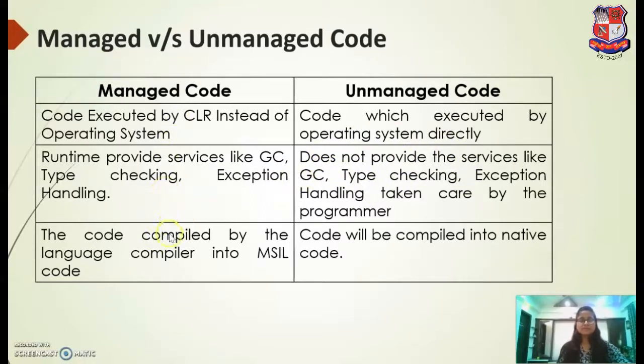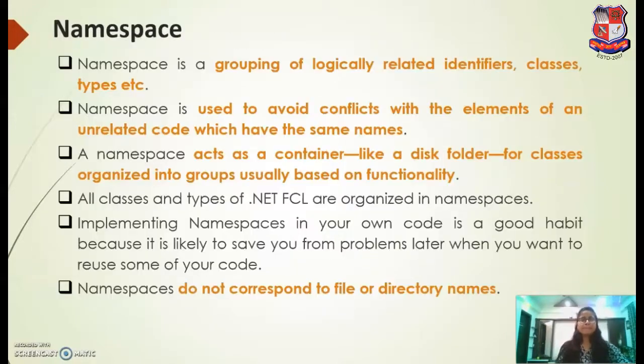Managed code is more secure than unmanaged code. During the compilation process, managed code is converted into MSIL code, while in the case of unmanaged code, the code is compiled into native code only.